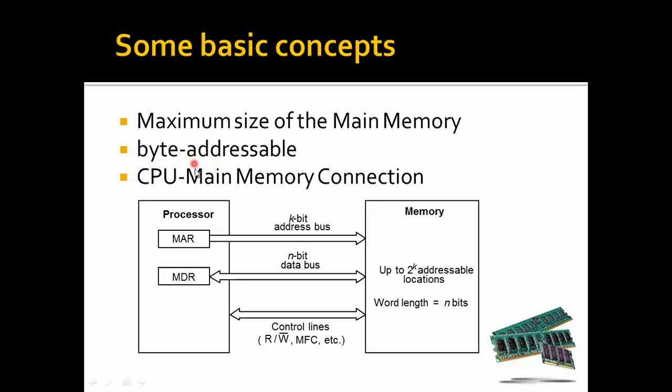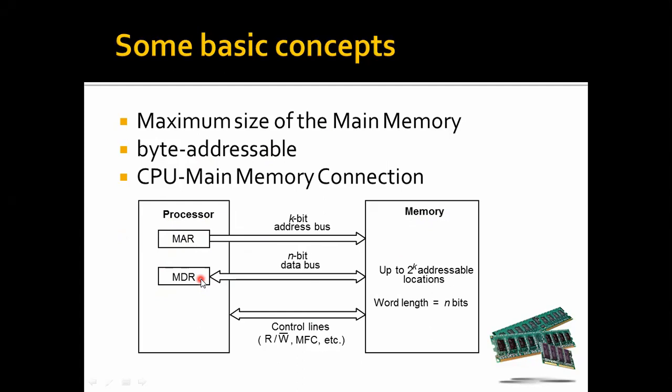Here, if you take this block diagram, the processor will be there and memory is there. In this processor, there is the memory address register, MAR, and MDR means memory data register.